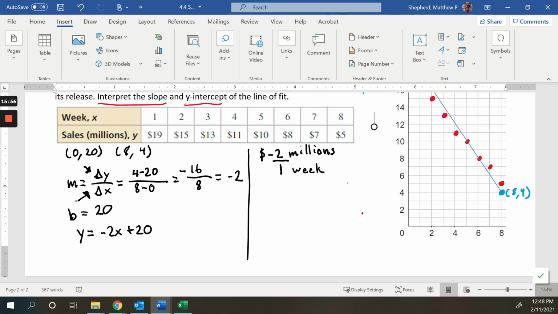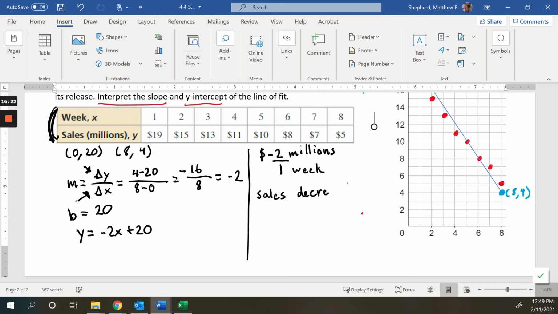Now I'm going to go ahead and put this into a sentence. The sales go down by 2 million every 1 week. Okay? And that's how you interpret a slope. Just put those labelings that you have in your table into the slope. The y labels on top, the x labels on bottom.